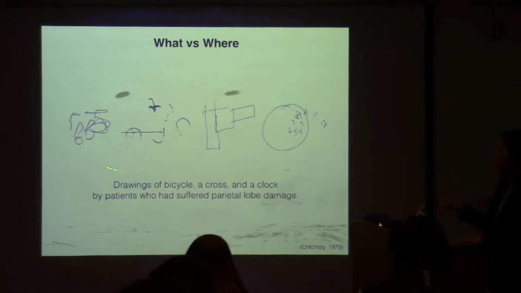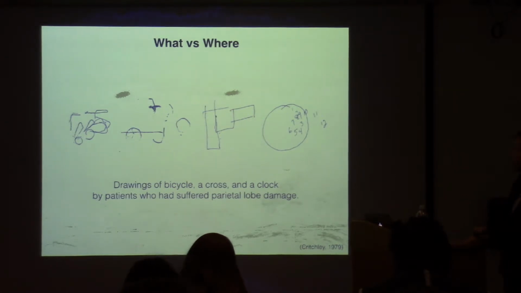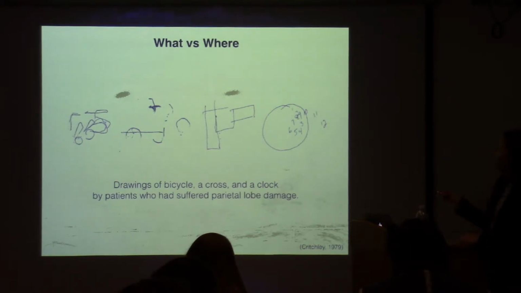So it becomes this rather senseless gibberish. And the same is true for even a very simple thing like a cross. She doesn't know where to put each line, and she doesn't understand how each line goes with each other to create this form. So she has trouble drawing out what she knows it looks like.